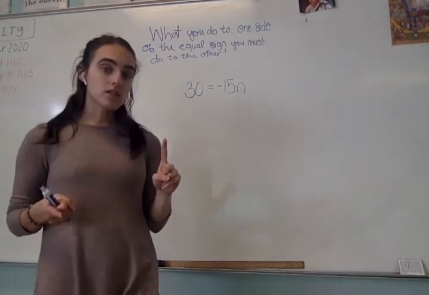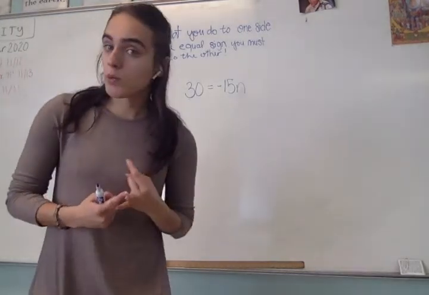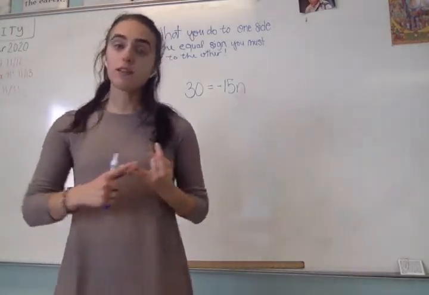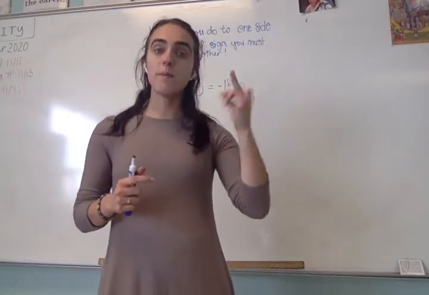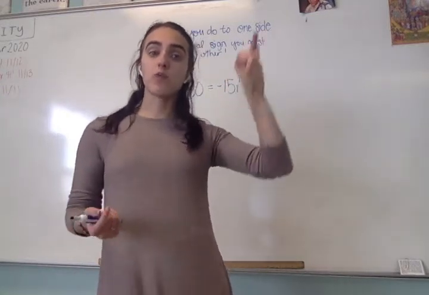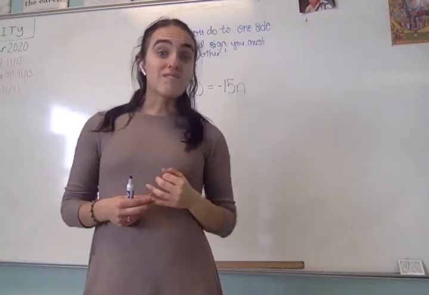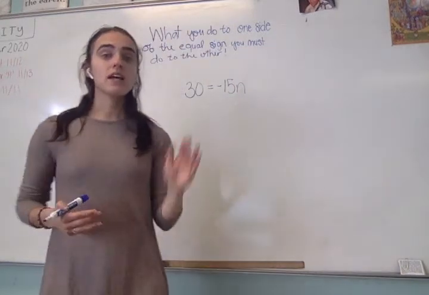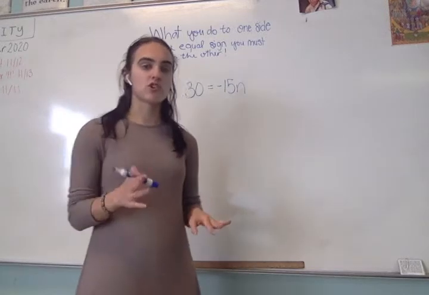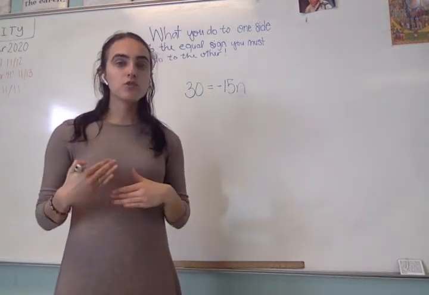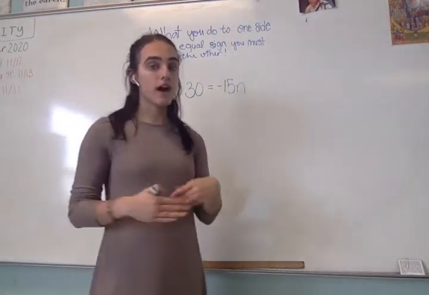Remember, we talked about how factoring and distributing were opposites of each other. For one we multiplied, what did we do for the other? We divided. So division is the opposite of multiplication. So to undo multiplication, we divide.